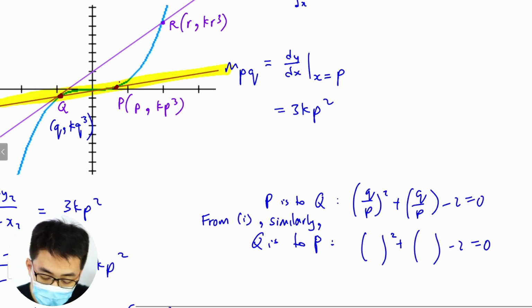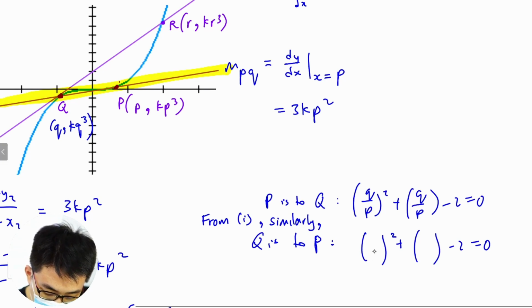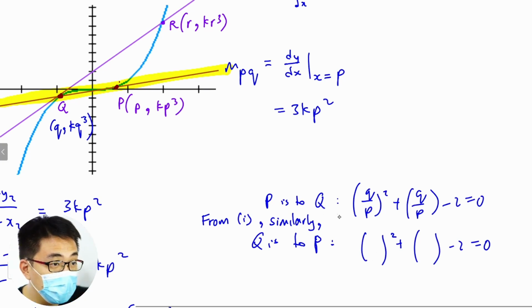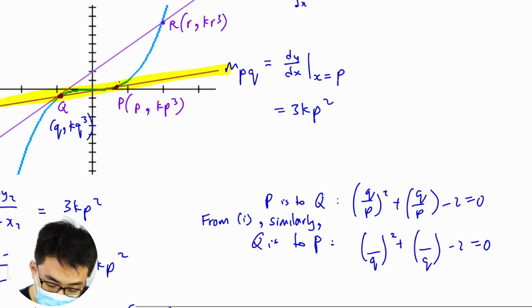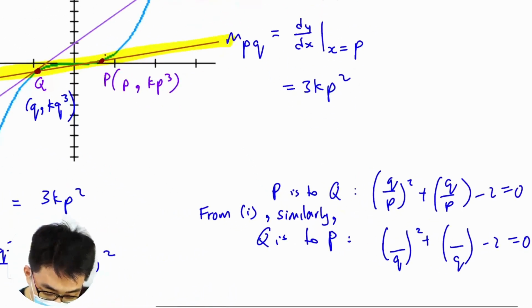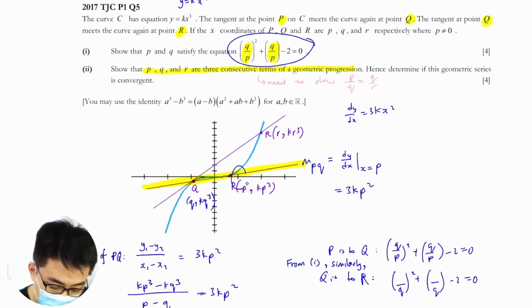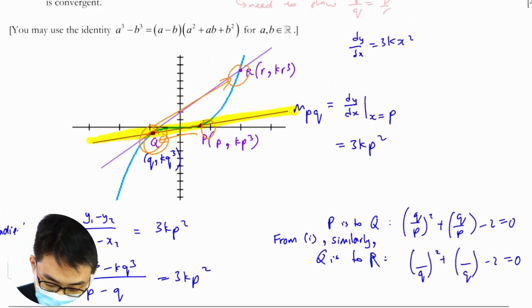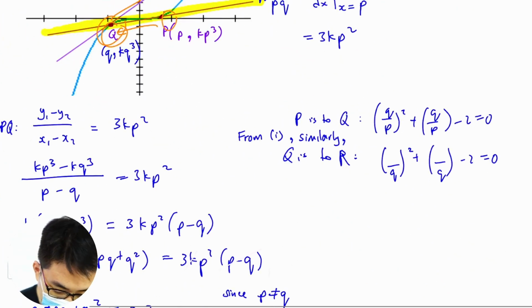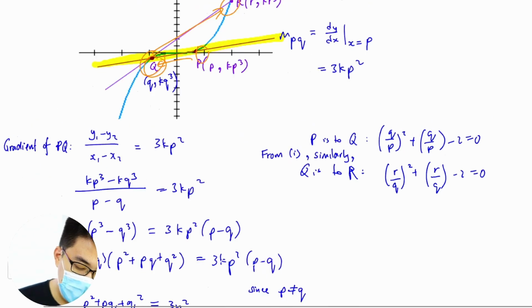You see this P here, P is below here, right? So if it's Q, then Q will be below here. Sorry, Q is to R, because if P is to Q here, then Q is to R here. So you repeat the same step as the first part, you will get the same. Q is to R. So this case here, what we get is R.